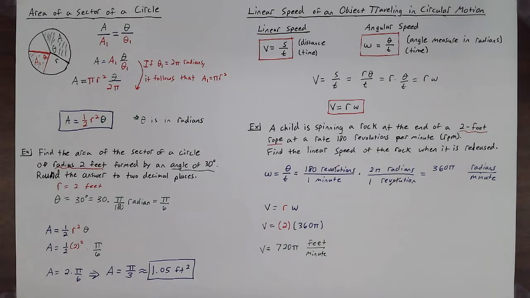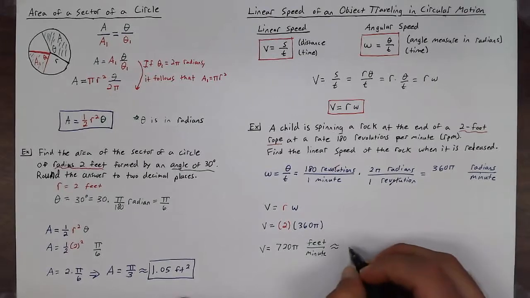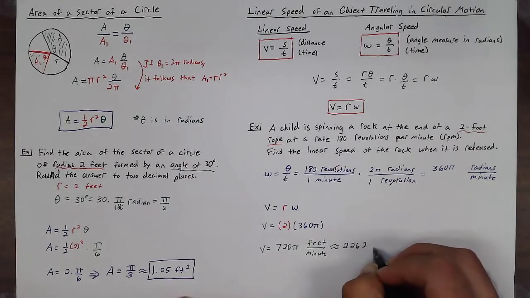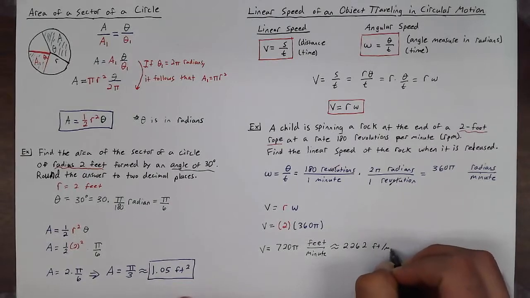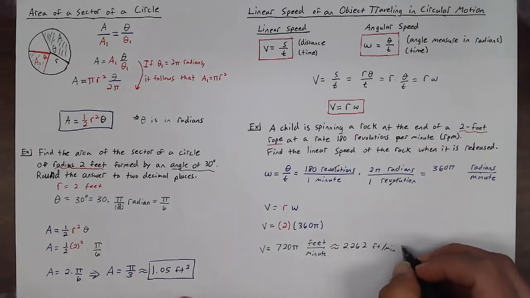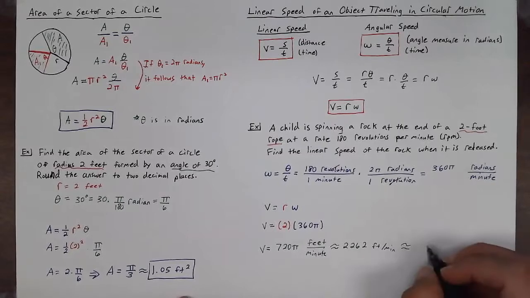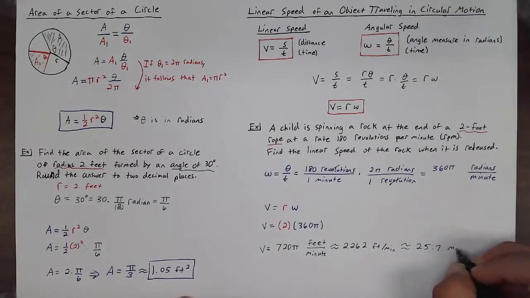So now I am left with 2,262 feet per minute, which is approximately, that's pretty fast, 25.7 miles per hour, which I think is a pretty fast throw of that rock.